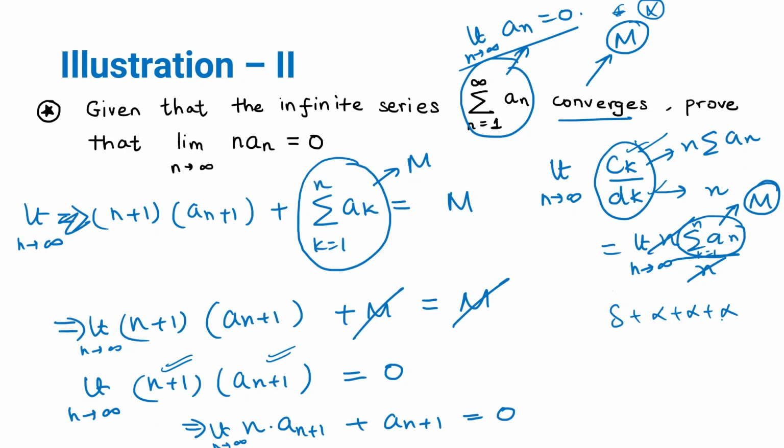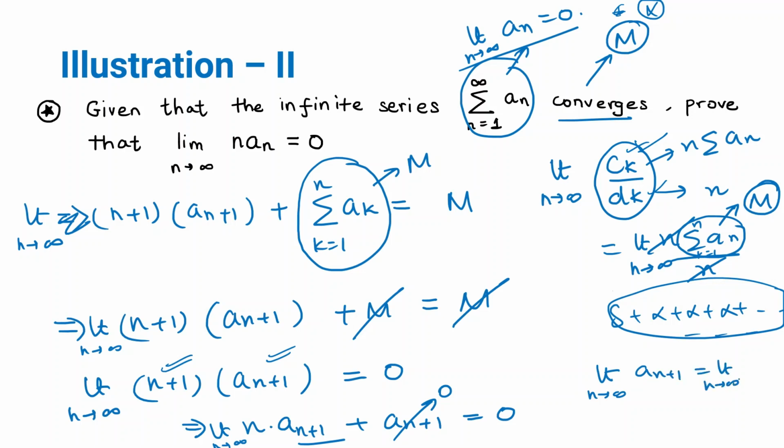So you're continuously adding values that are not getting any smaller, which makes it impossible for the series to converge. So that's why, as n tends to infinity, this term goes to 0, and since the limit of a_{n+1} equals the limit of a_n, we get that the limit as n tends to infinity of n a_n is equal to 0, as we wanted.